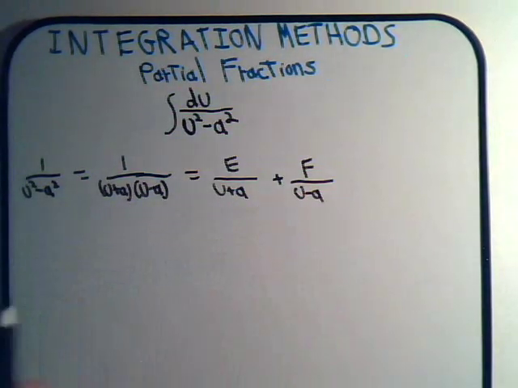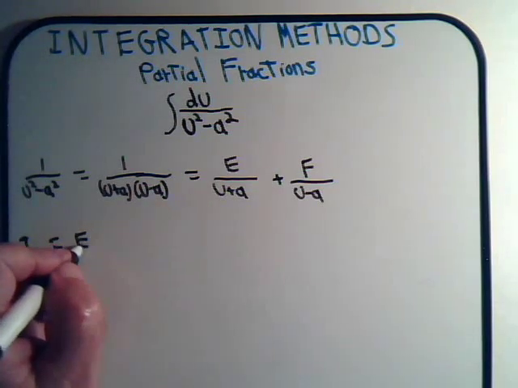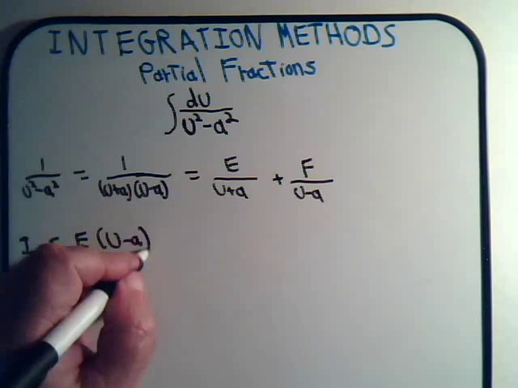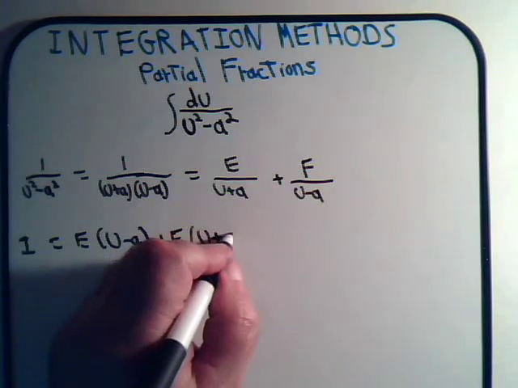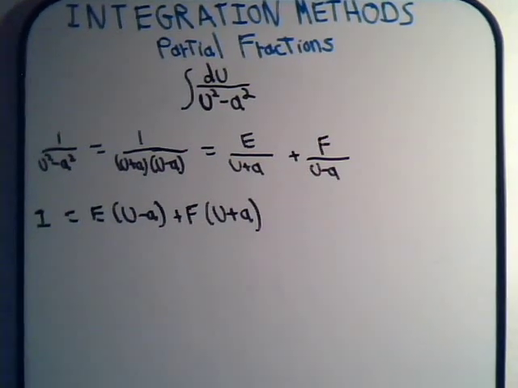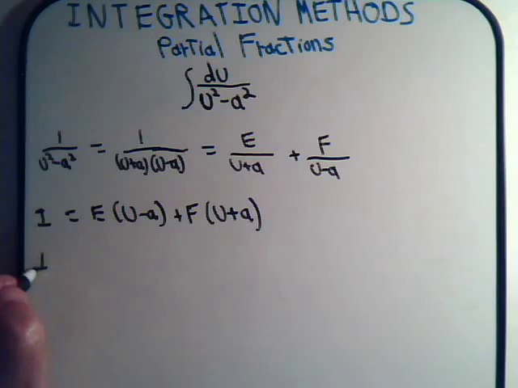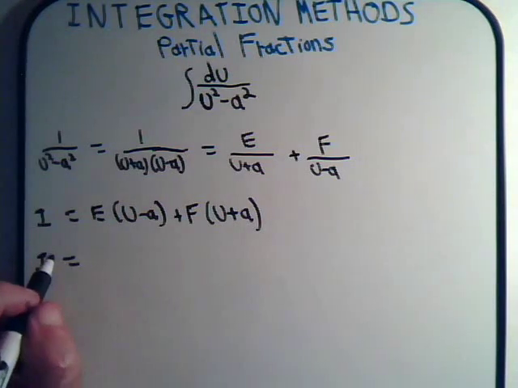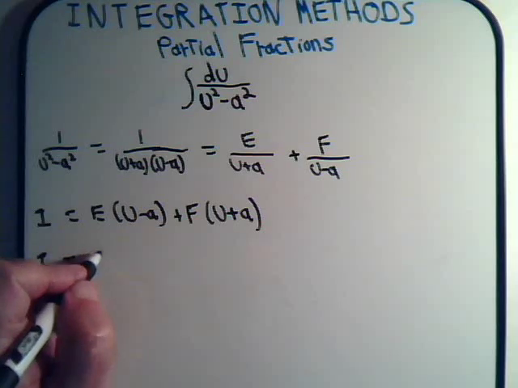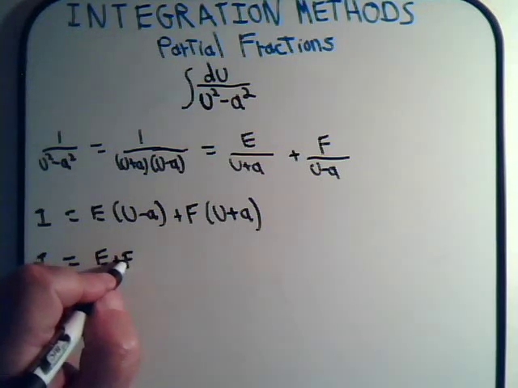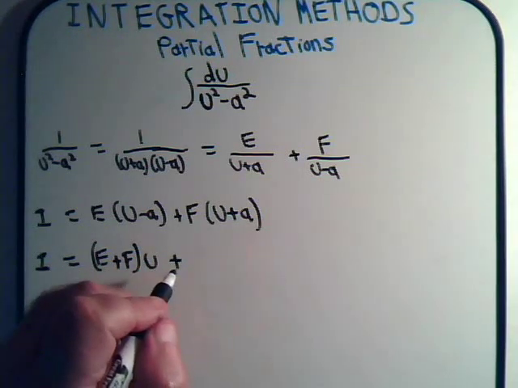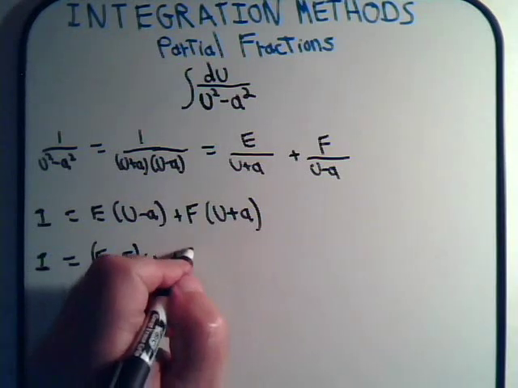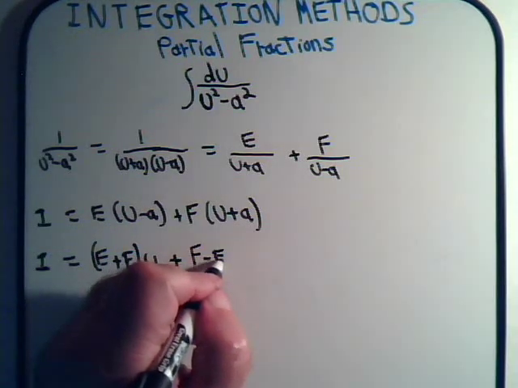and we just multiply through, and we have 1 will equal e times u minus a plus f times u plus a. And if you multiply through and collect terms, it looks like we have 1 will equal u times e plus f, and we will have f minus e times a.